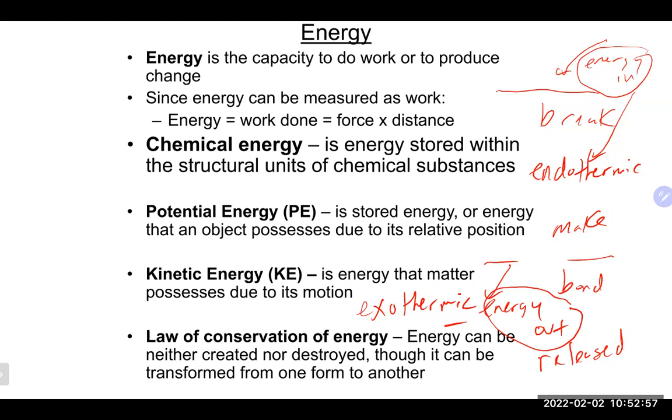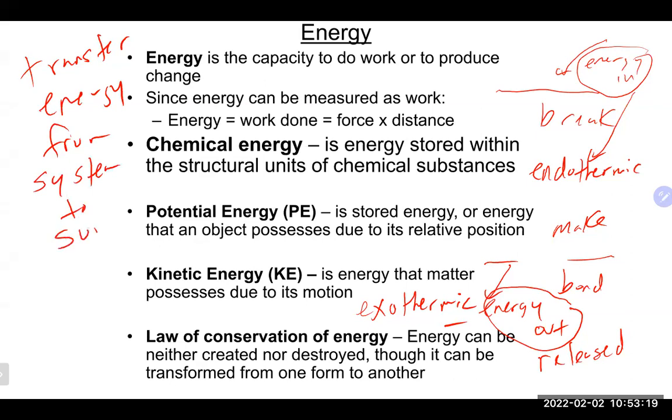So one thing that we see a lot as we talk about energy is this idea of a perfect transfer of energy from, say, the system to the surroundings, or vice versa.